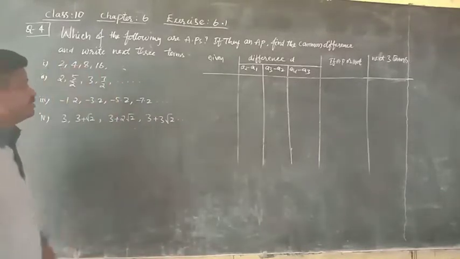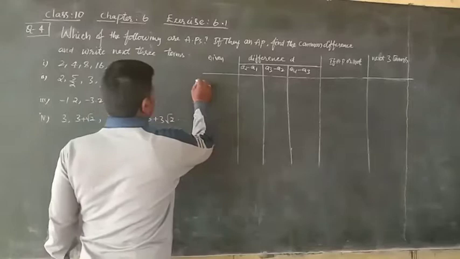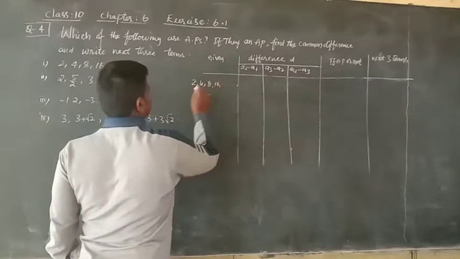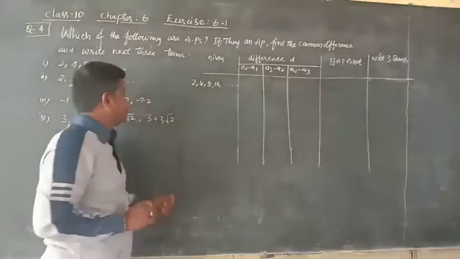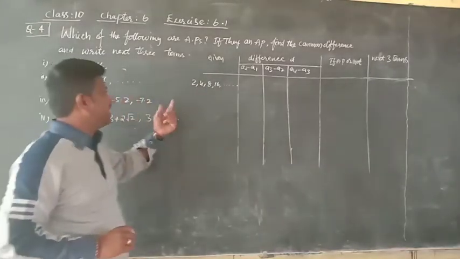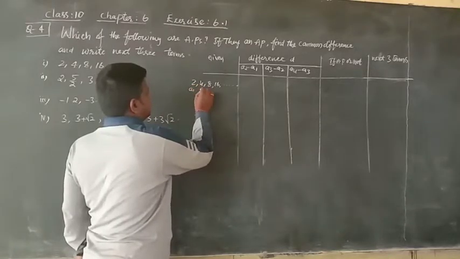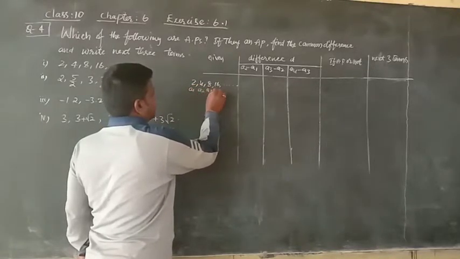Now, what is given? 2, 4, 8, 16 and so on. So this is A1, A2, A3, A4.